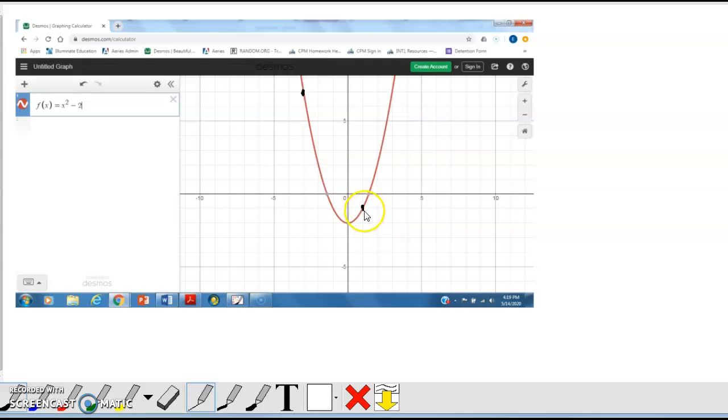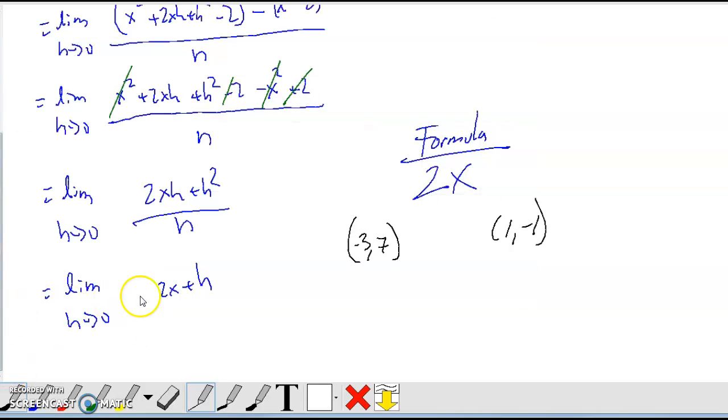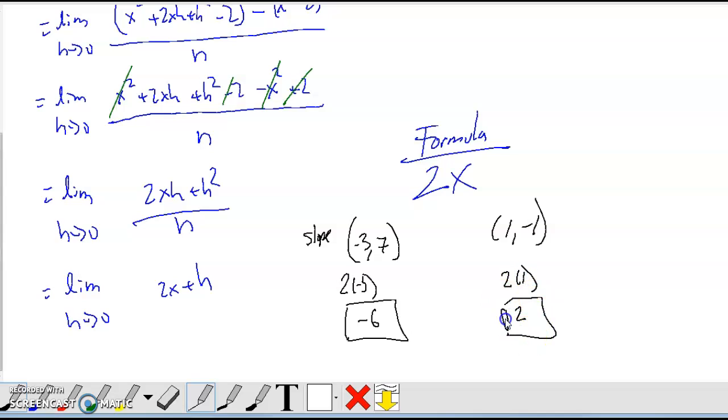Notice that 1, negative 1 will be a positive slope. Negative 3, 7 will be a negative slope, and it's probably a little bit steeper. So I'm just going to say 2 times negative 3. So my slope should be negative 6. And then here, this will be 2 times 1. So this will be 2.